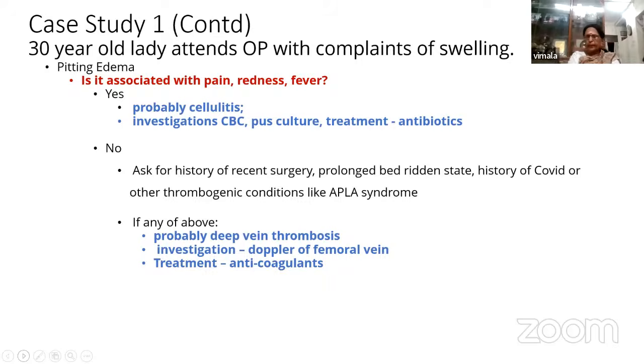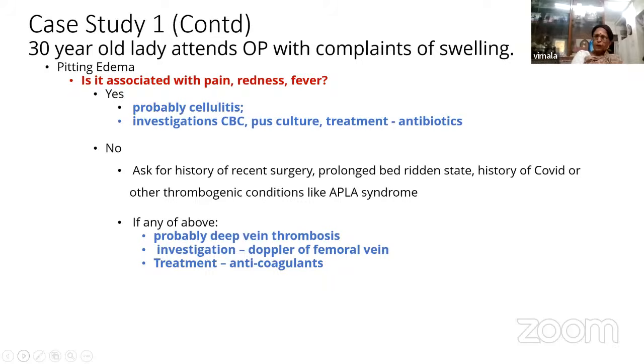Again, I am taken back to my house surgeon days when we had a lady who was under our care. She was having renal failure. She developed swelling of the limb. Probably adequate instructions were not given. She had a suspected fracture. She was taken to the orthopedics department.